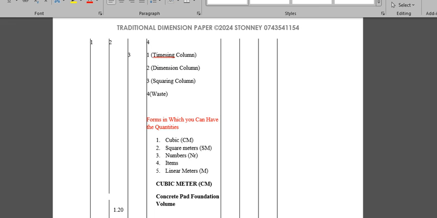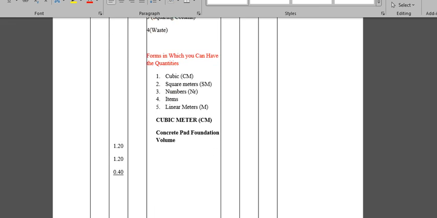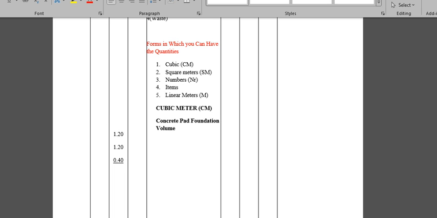For you to also utilize the timesing column, assuming these are 4 pads, you can state that you have 4 number concrete pad foundations. So how do you get that 4 number? You count them from your plan.